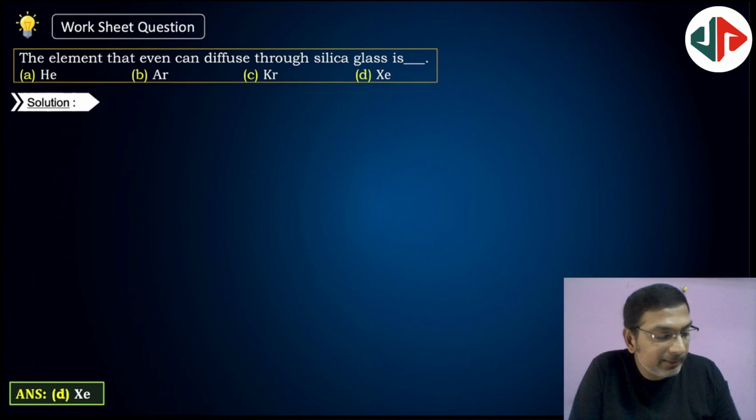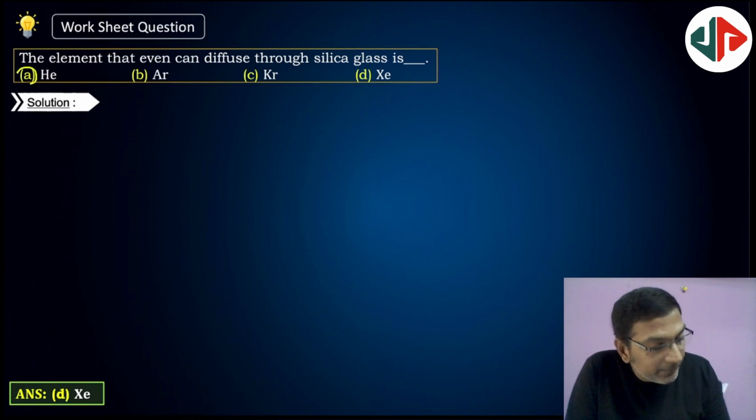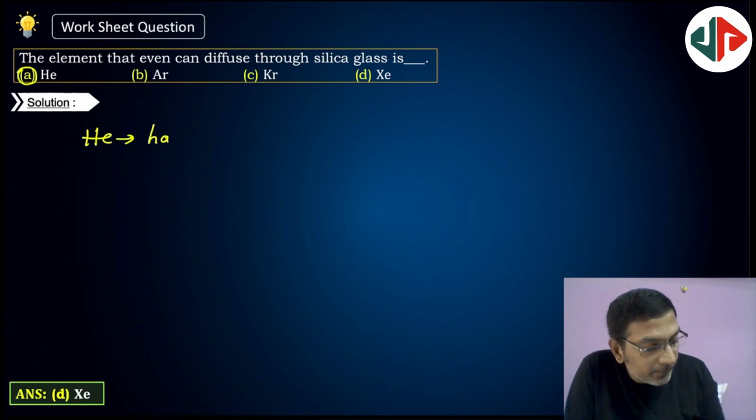The element that even can diffuse through silica glass is. So, this is helium. Helium has lowest molecular weight. So, here molecular weight we know 4.